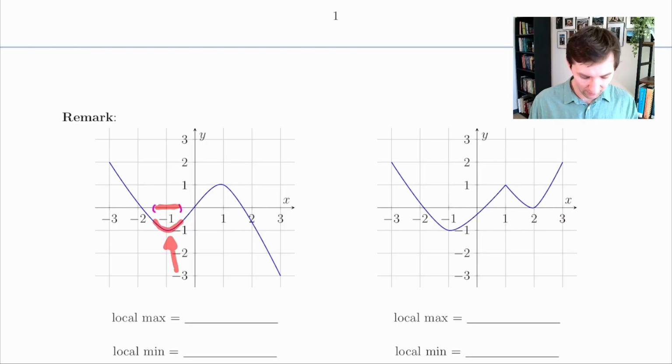We could say that locally, in the neighborhood of -1, the value of the function at -1 is the smallest. We call that value a local minimum. It's not globally the smallest value, but locally it is the smallest value, which means that there is a local minimum which equals -1 and occurs at -1.